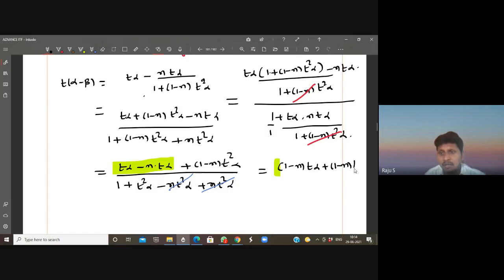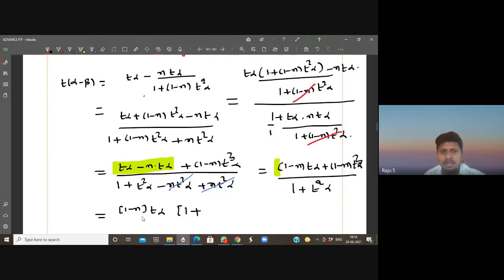Then it can be written as 1 minus n into tan alpha plus 1 minus n into tan square alpha by, so what is the remaining value? 1 plus, here is it tan square or tan cube? Tan square alpha. Now again 1 minus n into tan alpha is common in the numerator. When I take that out, what is the remaining value here? 1 minus n tan cube.